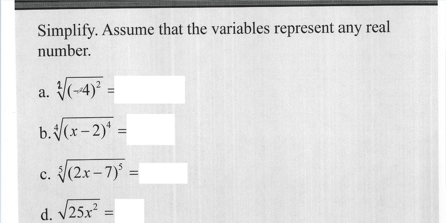So my answer is going to be negative 4. I'm sorry, it's going to be positive 4. Notice under the radical sign, negative 4 squared equals 16. So this is the same thing as saying, what's the square root of 16? And we know that's 4.